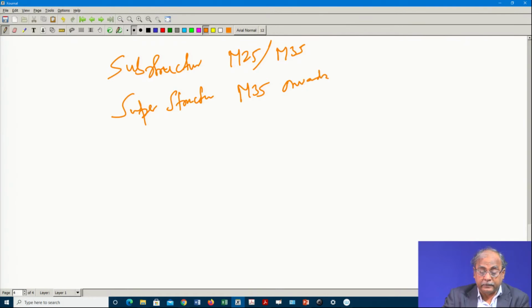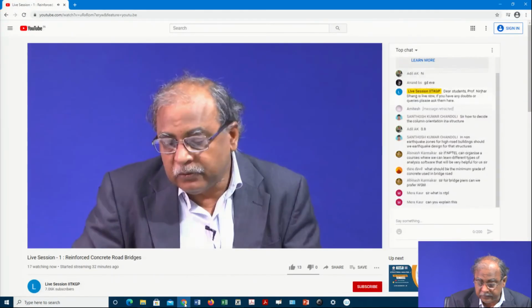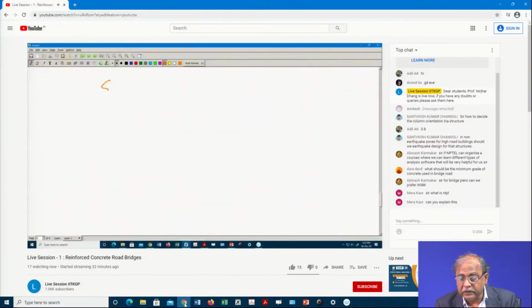So, we can make a different kind of thing, just wait. For the minimum grade, M25 or M30 also for the substructure, and then superstructures a little higher.